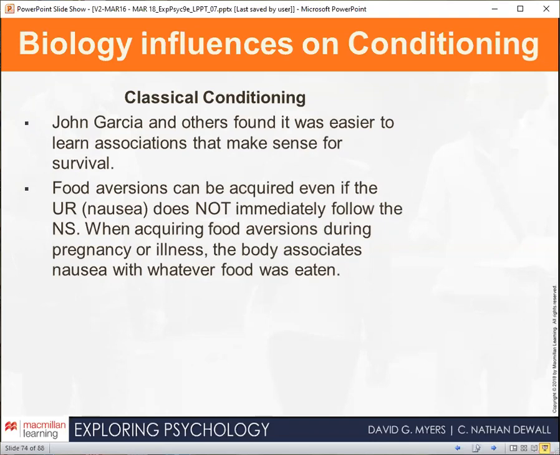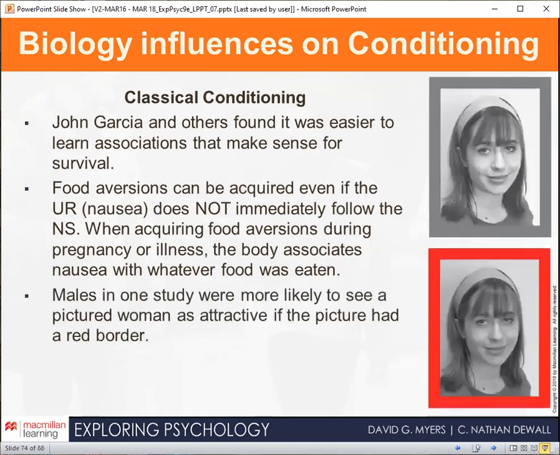When acquiring food aversions during pregnancy or illness, the body associates nausea with whatever food was eaten. It's a survival mechanism in a way. That's why that does occur. They also found the following. Males in one study were more likely to see a pictured woman as attractive if the picture had a red border around it.